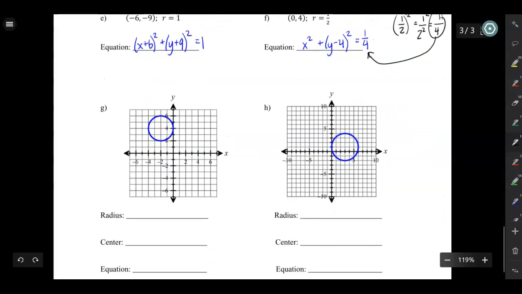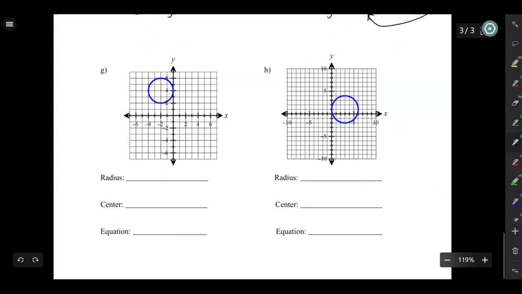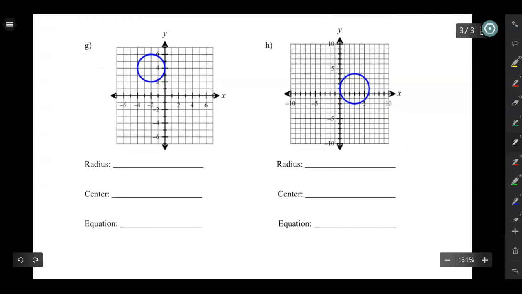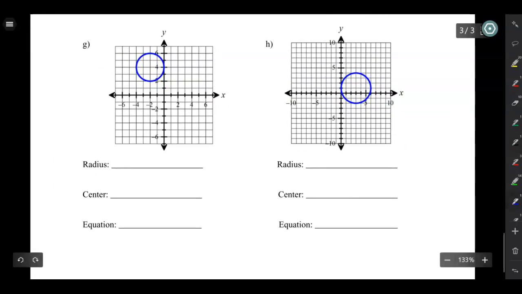Okay, let's do a couple more examples where we are going to identify the radius and the center based on the picture and then write the equation. So first I'm going to plot my center. You've got to find the very middle of your circle to figure out where your center is. In this case, the center is -2, 4.